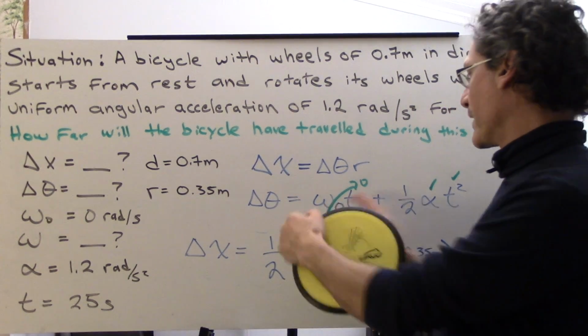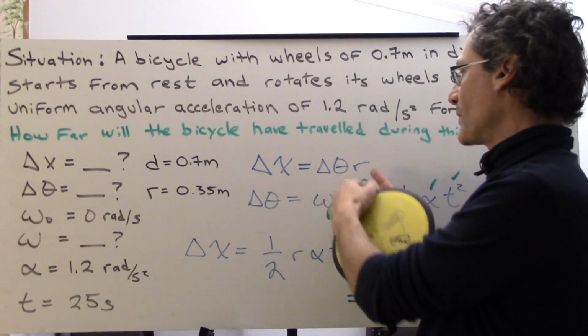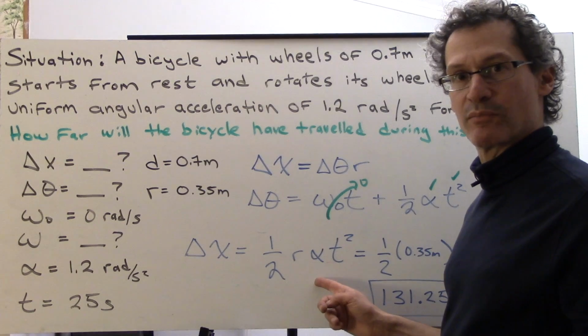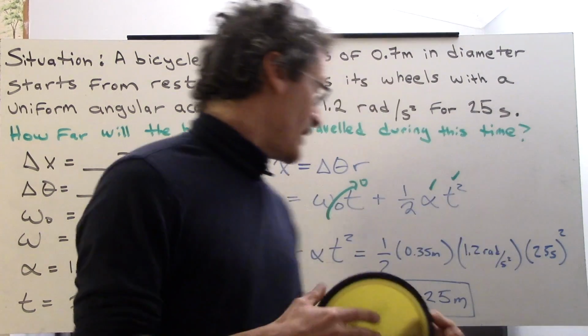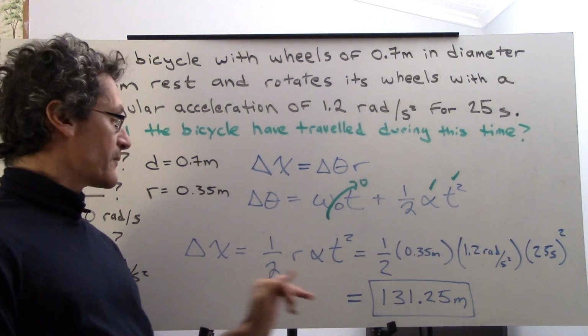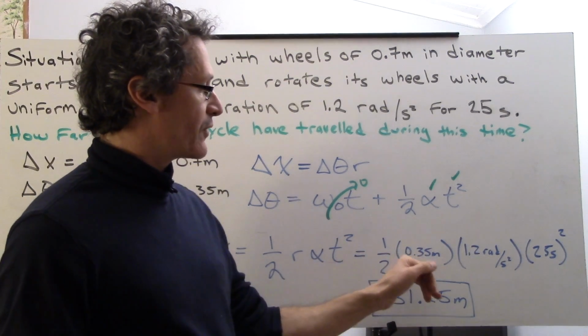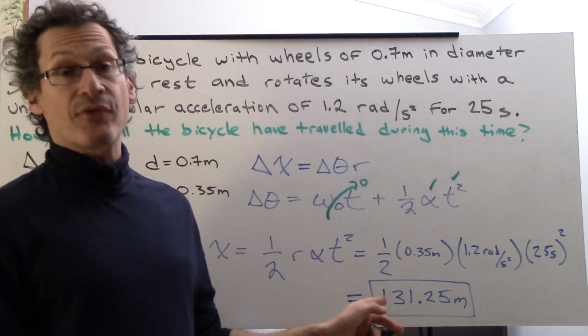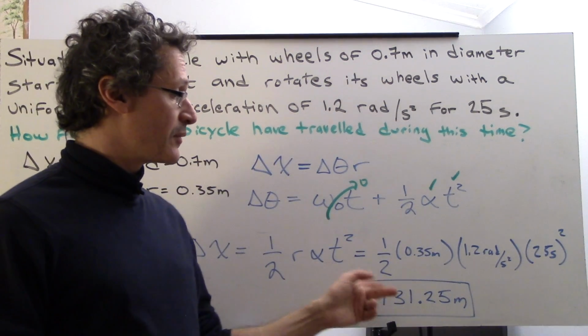All I did here was take this and substitute it in for delta theta, and so delta x is just this expression here. It's a pretty easy thing to solve, and so I did. I plugged in the numbers: 1/2, 0.35 meters, 1.2 radians per second squared, 25 seconds squared, which gives 131.25 meters. That's how far it goes.